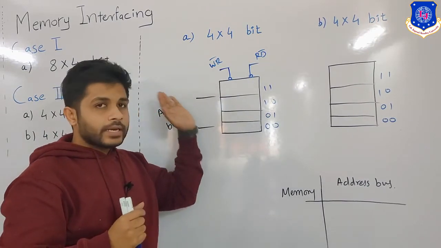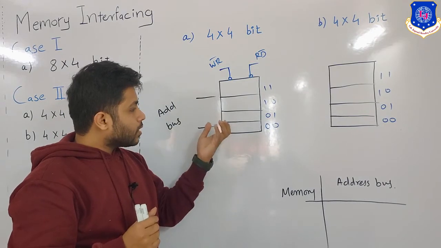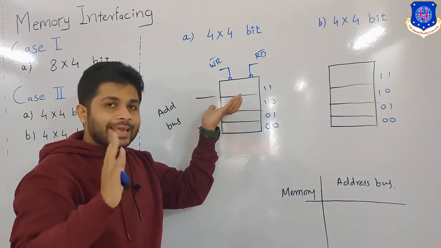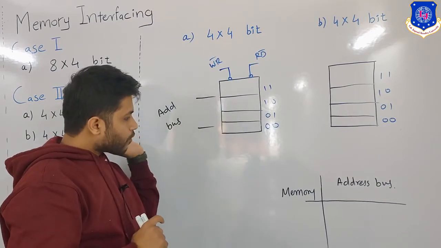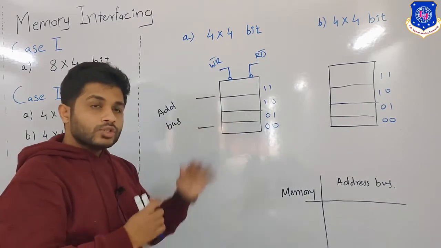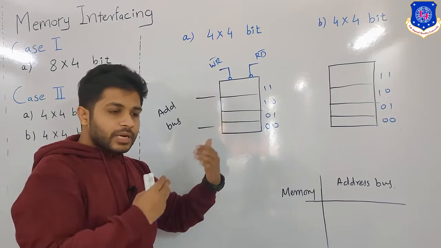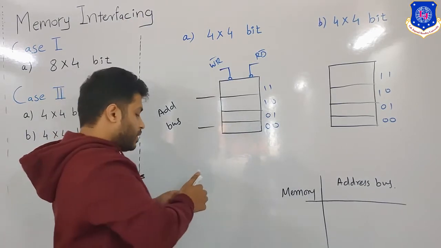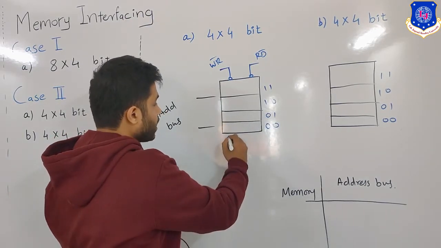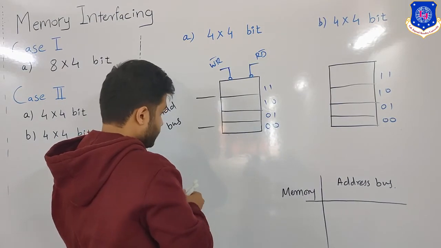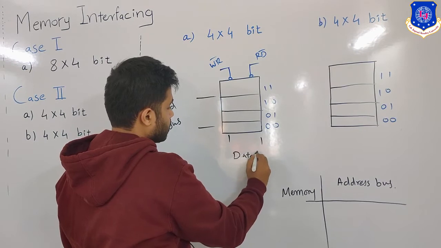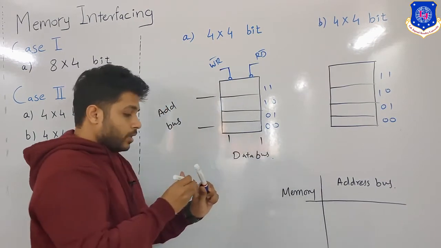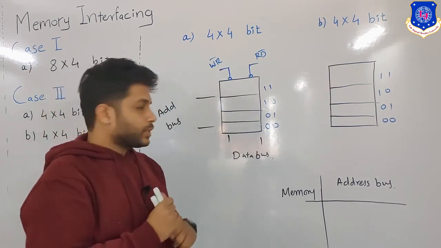And after providing the read or write control signal, the data can flow either from memory to microprocessor, or from microprocessor to memory. So to flow data between the processor and the memory, we have to provide the data bus.